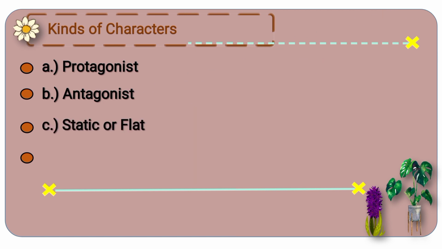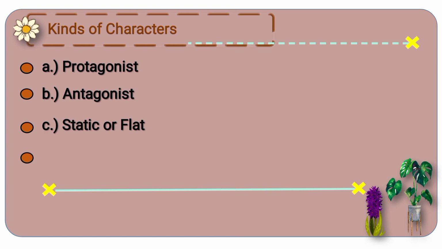And next is the static or flat, the character which do not have flesh and blood qualities. They do not undergo changes. So, sila yung tinatawag natin na static or flat. For example, may mga bagay na may significance siya doon sa ating kwento, kaya yun sila ang tinatawag na static or flat. Although non-living things sila, pero mahalaga yung kanilang ginagampanan doon sa ating kwento.